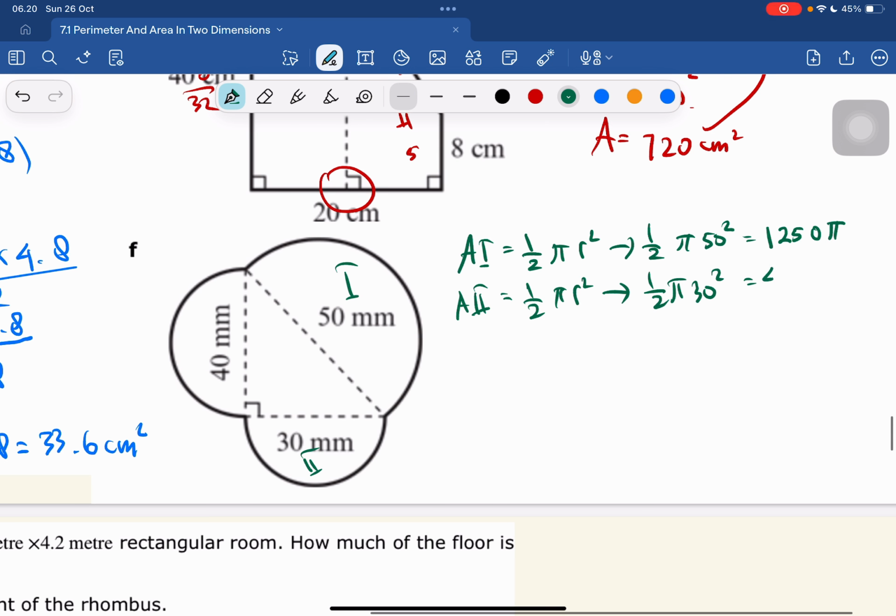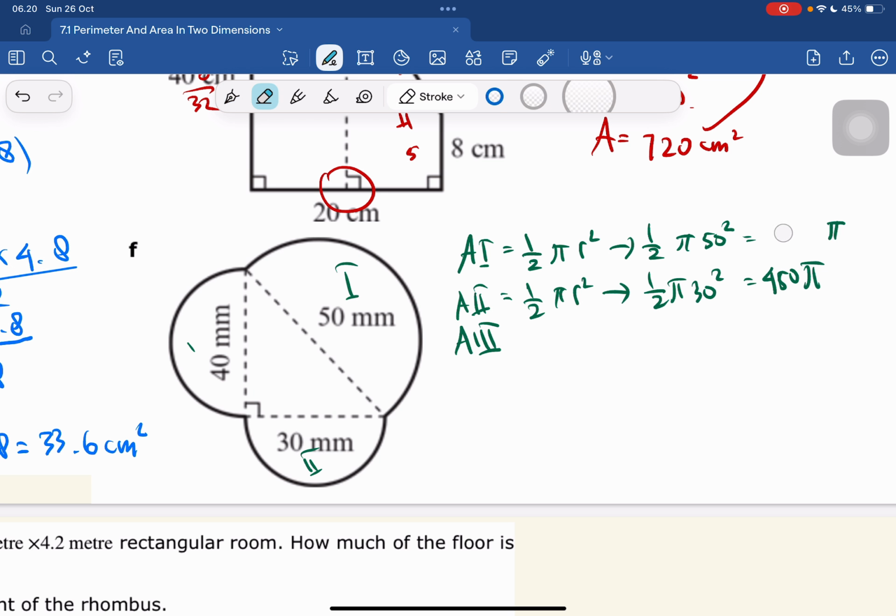This will be 450 pi. Third area, a half of circle here. We forgot something. I missed. So radius is a half of diameter. So this is 25. This is 20. And this is 15. So let us start over.